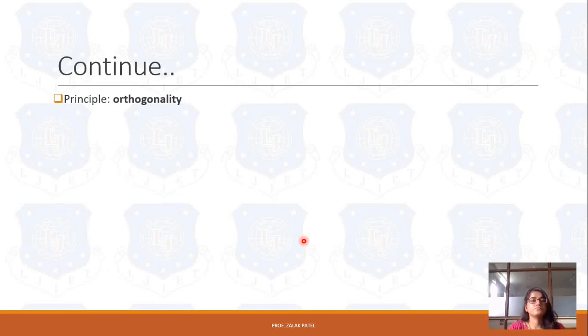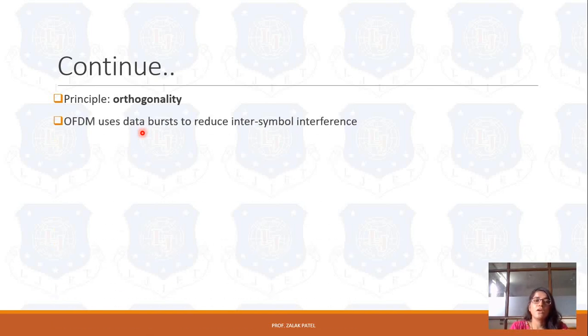Next, it offers the principle of orthogonality, means the multi-carriers can be transmitted at a time with narrower bandwidth. Because of that, OFDM uses data bursts to reduce the inter-symbol interference, means instead of one symbol per user, it can transmit the data in the form of bursts, and because of that the inter-symbol interference is reduced.